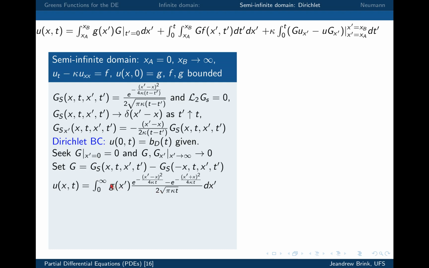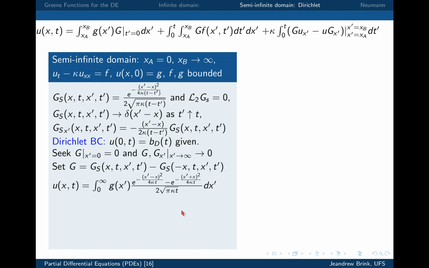So here we once again have that the initial condition is just g of x prime, the product of the two Gaussians, where the standard deviations of the Gaussians are the same. And the source term is once again the full Green's function now, times the forcing term.